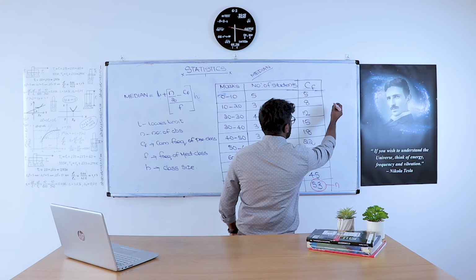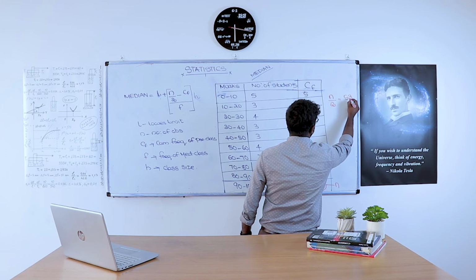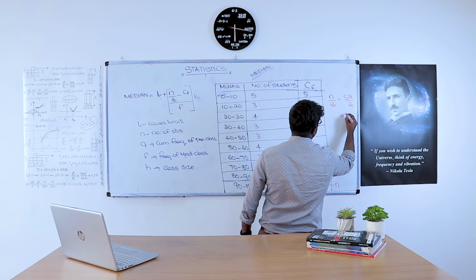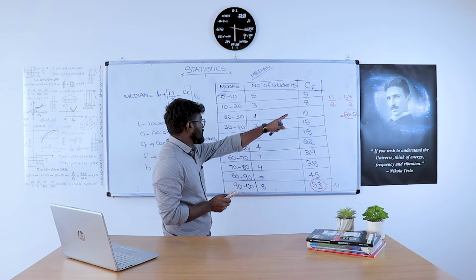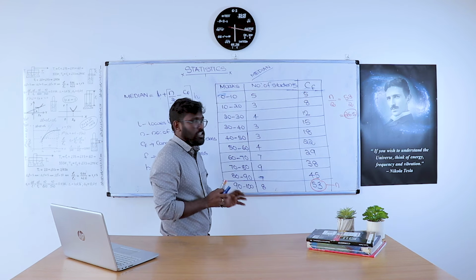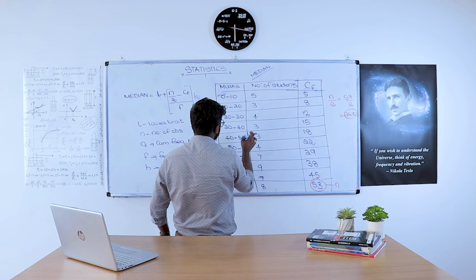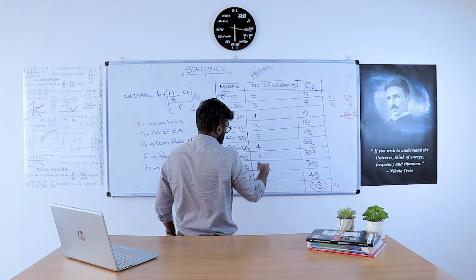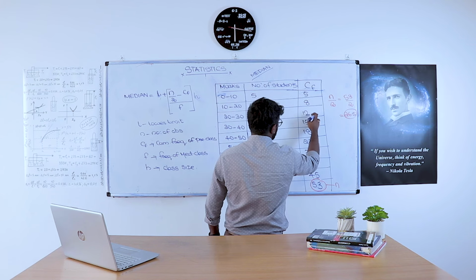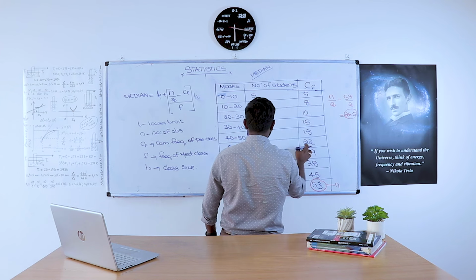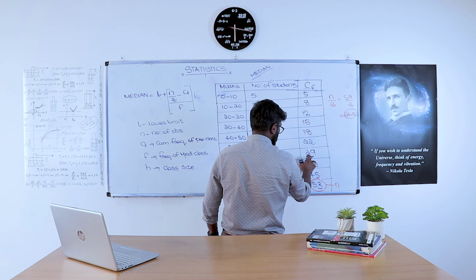So find the median class: n by 2. N by 2 is 53 by 2, which is 26.5. So check in which class interval 26.5 is included. Cumulative frequencies are 5, 8, 12, 15, 18, 22, and then 29.